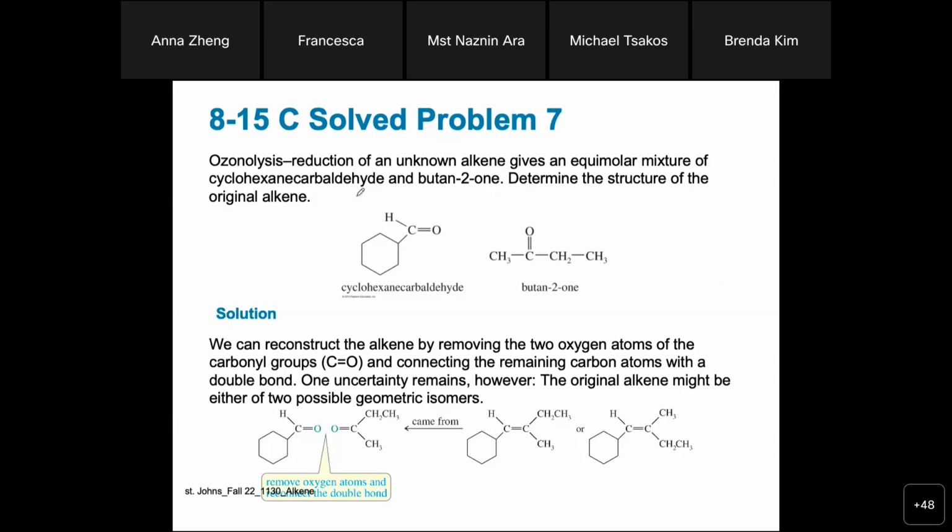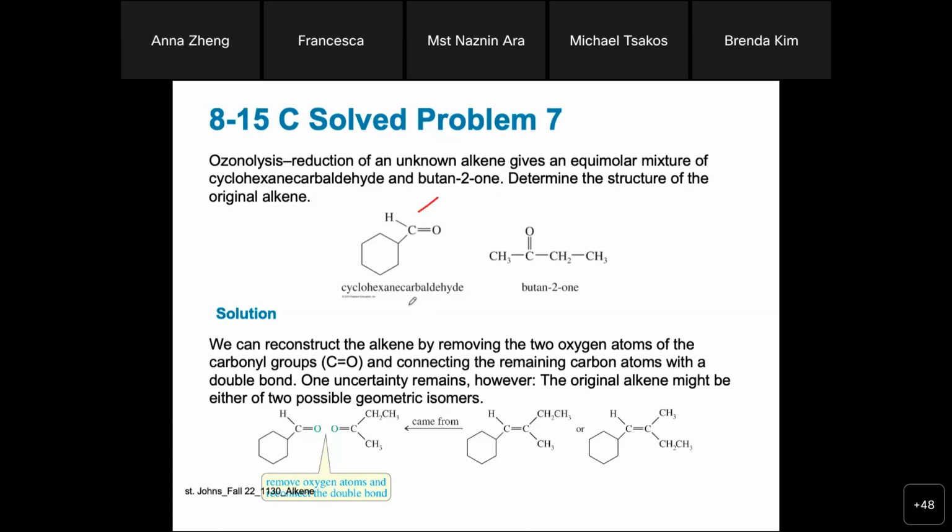Here, see the ozonolysis or reduction of an unknown alkene gives an equimolecular mixture of cyclohexanecarboaldehyde and butan-2-one. So determine the structure of the original alkene. That means two types of product are coming.